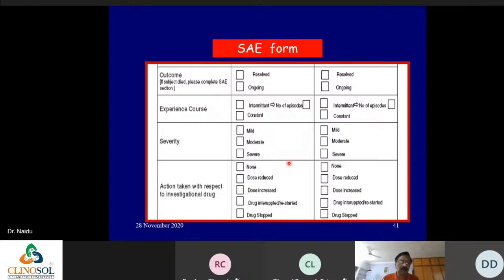This has to be followed, because this is very, very important for rejecting the drug, and the regulator and the ethics committee members are very particular about proper designing and using of the serious adverse event form, because the most important thing is that based on that, compensation to the participant is required, and it is one of the most important legal documents. So one should be very, very careful in designing the SAE form in their case record form.